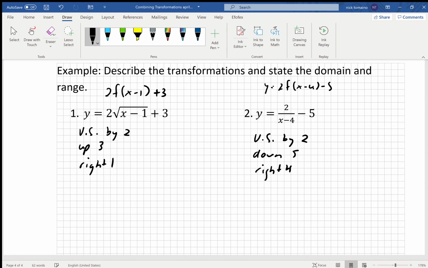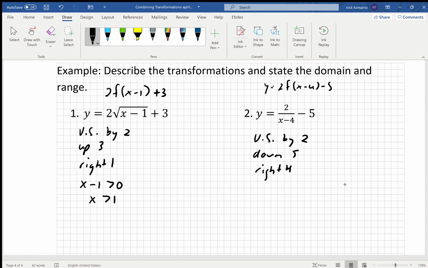Okay, now for the domain and range, again, stuff that we talked about earlier. There's two ways you can do it. You can imagine what the graph looks like, or you can actually look at it mathematically. So we know mathematically that x minus 1 must be greater than or equal to 0, which means x must be greater than or equal to 1.